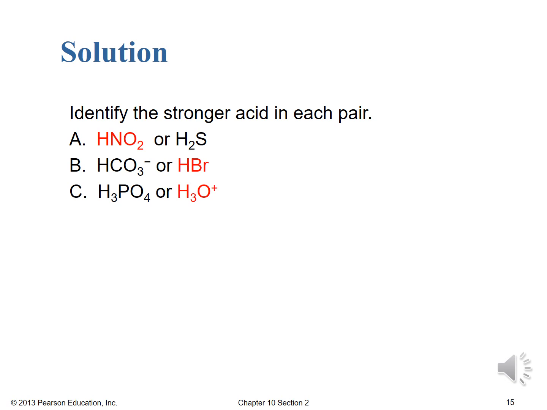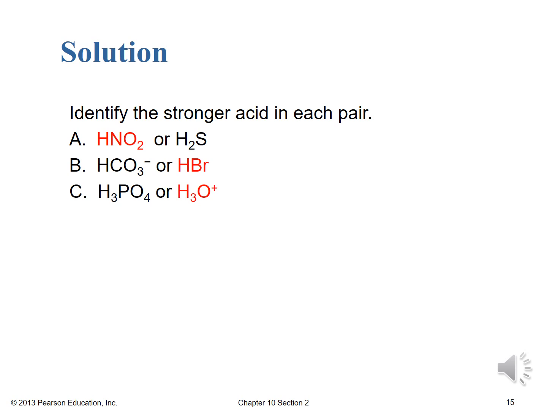Okay, so in A, HNO2 is actually the stronger acid. You'd have to have some sort of table or ranking for that. If it was HNO3, no problem. That's a strong acid and H2S is not, but I wouldn't expect you to just have memorized that HNO2 is a stronger acid than H2S. For B, that is fair game because we have HCO3 minus, the bicarbonate ion or hydrogen carbonate ion, which is a weak acid, compared with HBr, which is a strong acid.